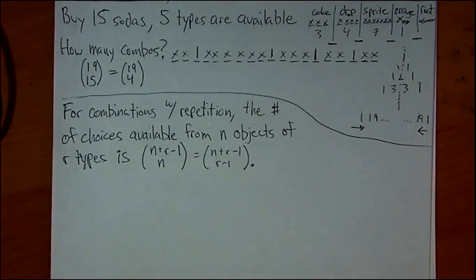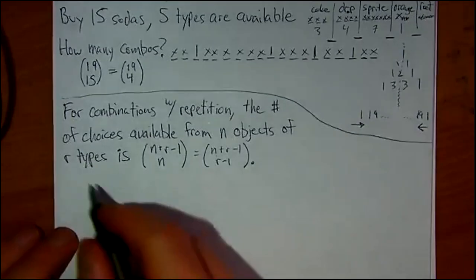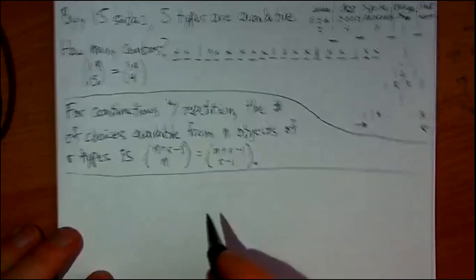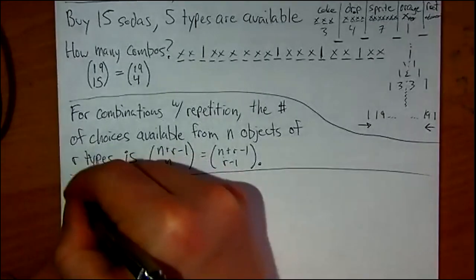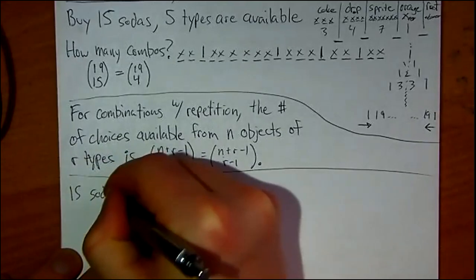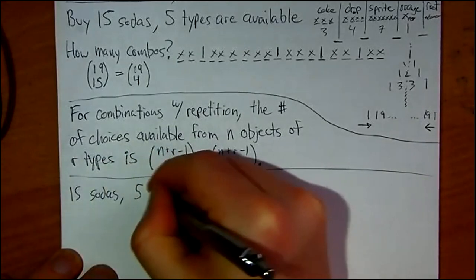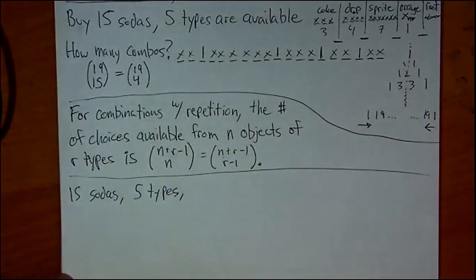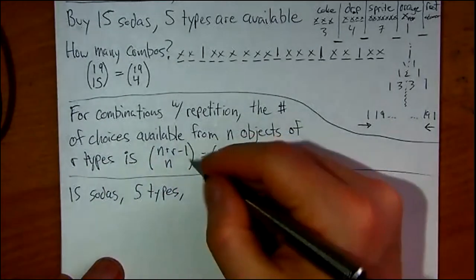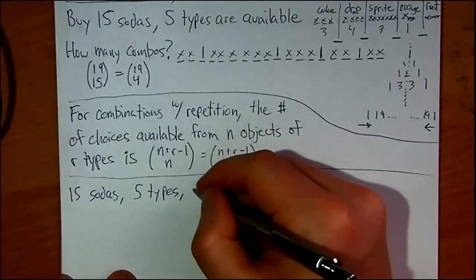Okay, so let's try another question here, right? So here's the next part of our soda question. Let's try one that's a little bit more complicated, right? 15 sodas, 5 types, at least 6 root beers.